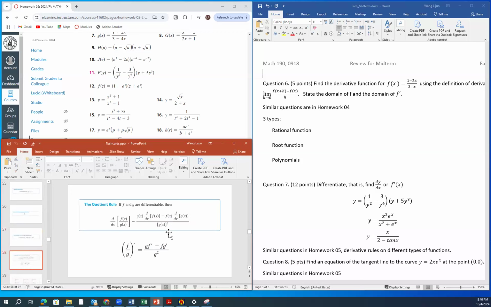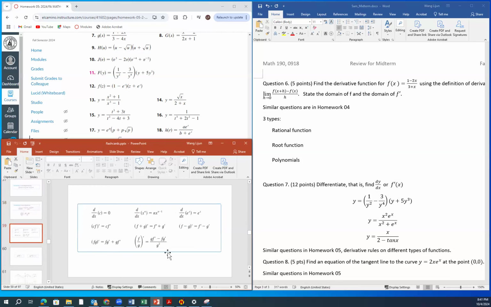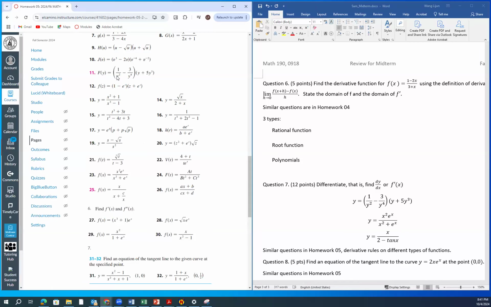And the derivative of e to the power x, you see there's a product rule, quotient rule. And these are the derivative rules, right? Laws of derivatives. And these 3 questions I just randomly chose from here, from your homework. You should know how to do them, right? And practice them more.